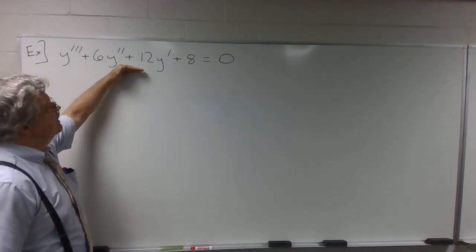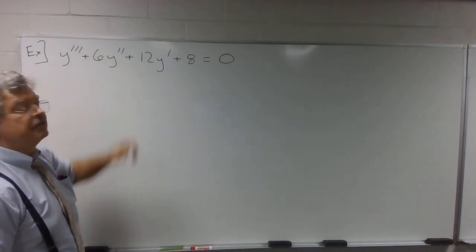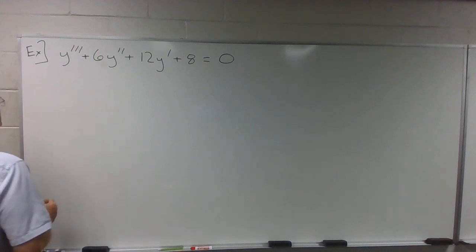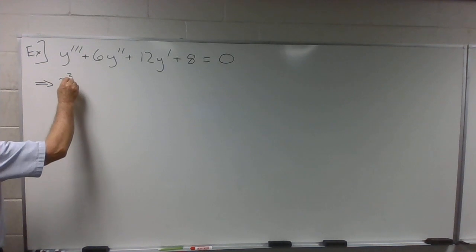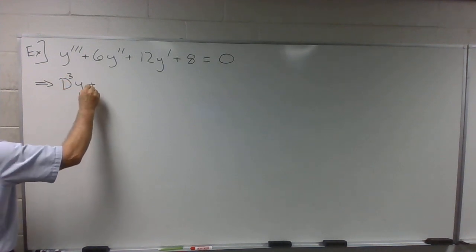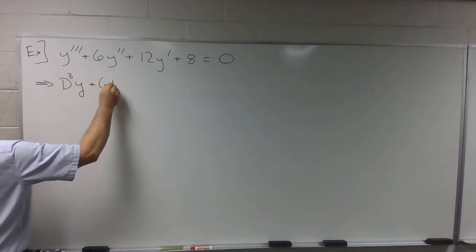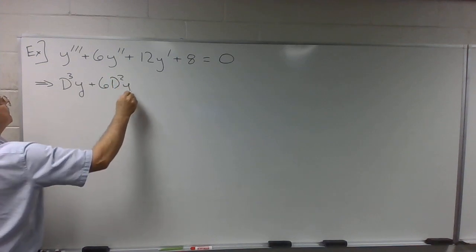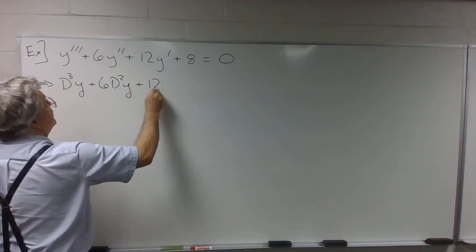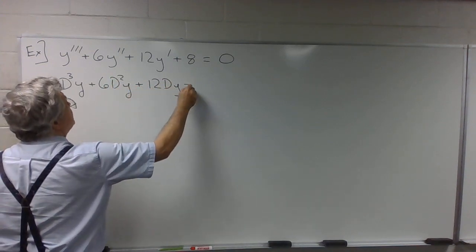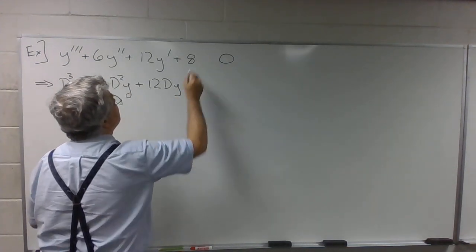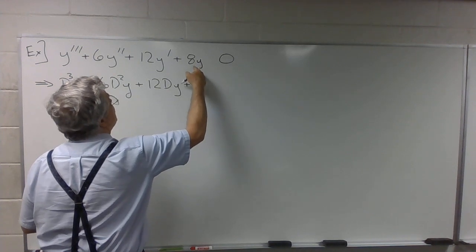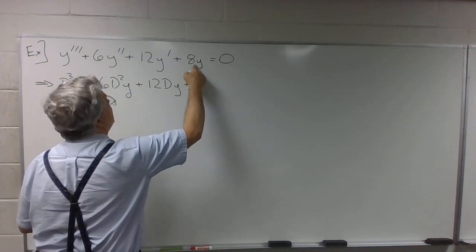This is the complementary equation of some differential equation. And to solve it, the first thing we do is we write it in operator notation. Third derivative of y plus 6 times the second derivative of y plus 12 times the first derivative of y plus, and I haven't written this right, make this 8y, please. 8y.